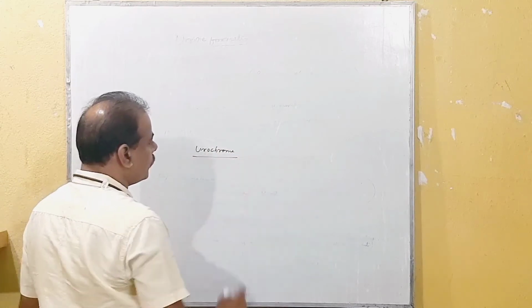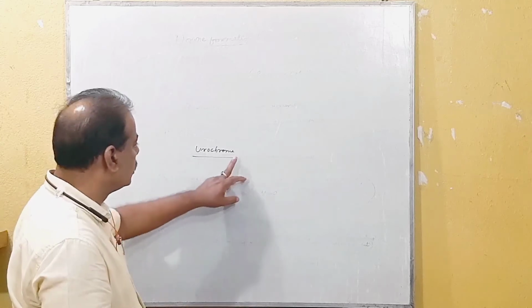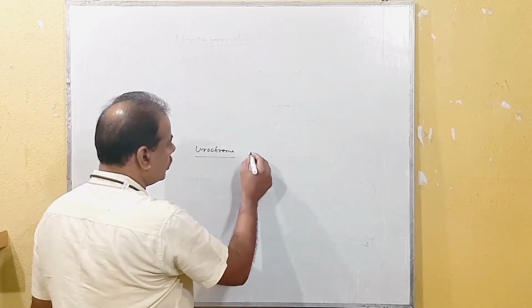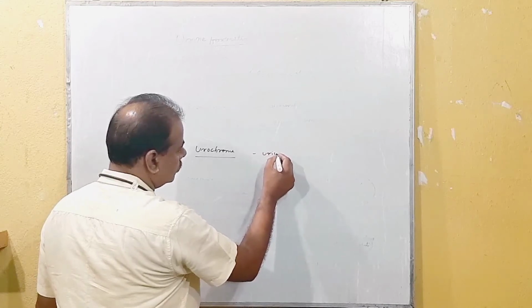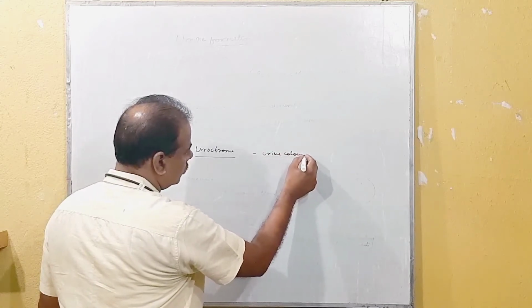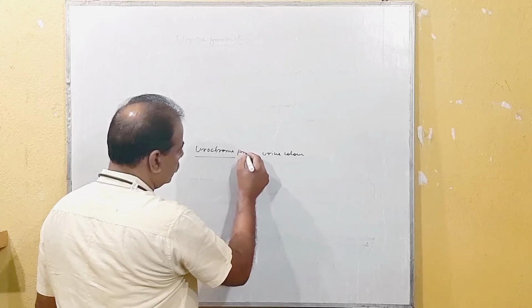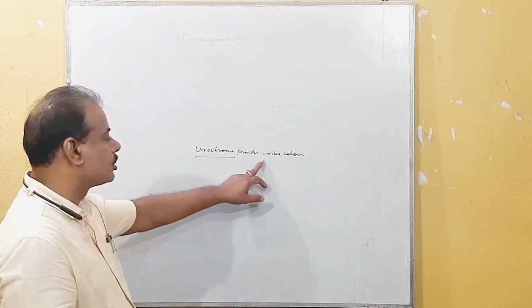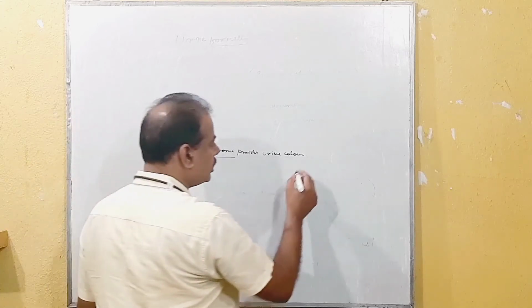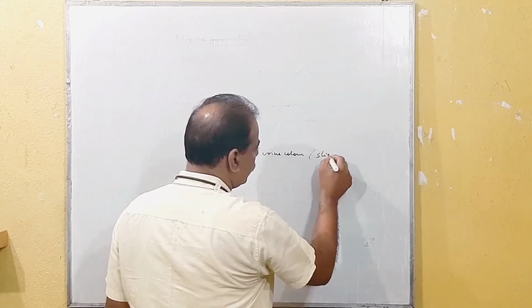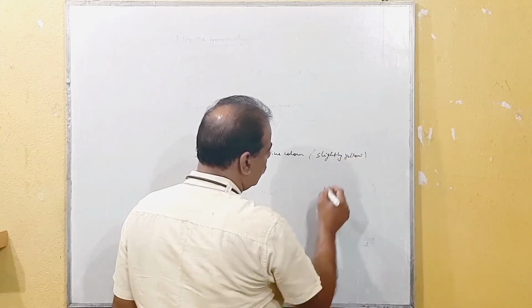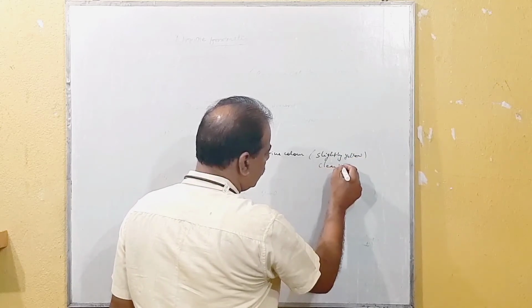Urochrome is a yellow pigment, and therefore urochrome provides urine color which is slightly yellow, or you can say clear yellow.